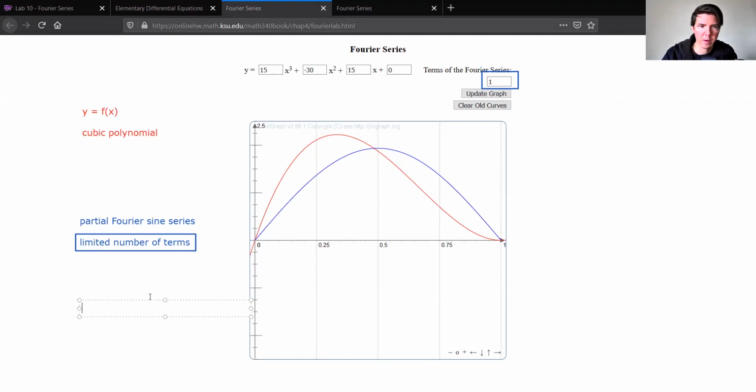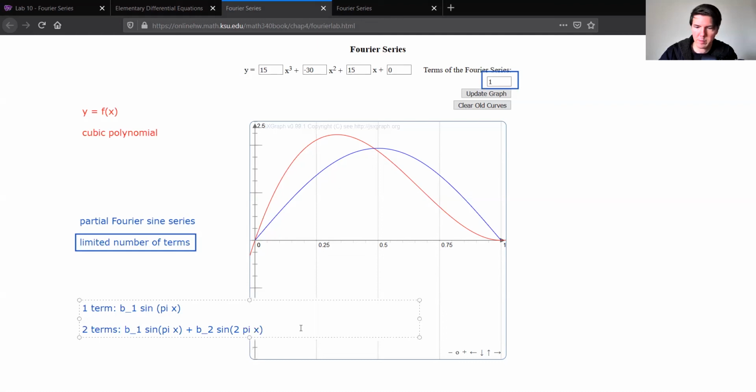One term would be just b sub 1, nothing fancy, times sine of 1 times pi times x. If you had 2 terms, it would then be b sub 1 times sine of pi x, the same as we had with one term, and then you add another one, b2 sine of 2 pi x. So on and so forth.